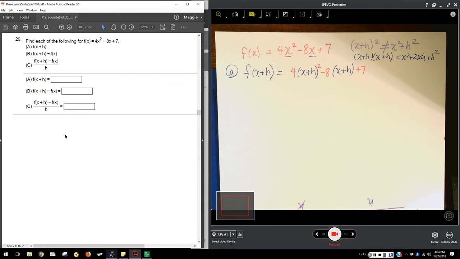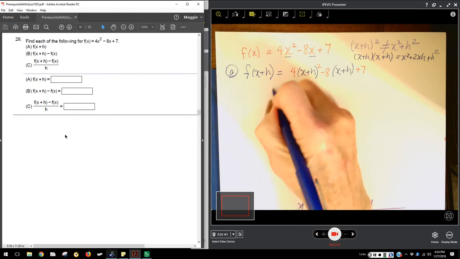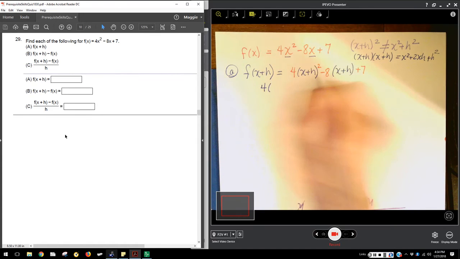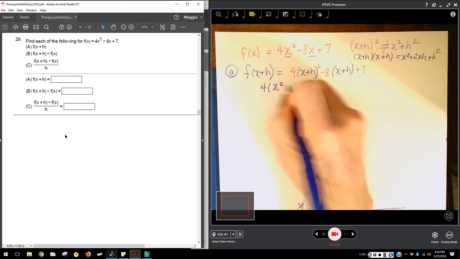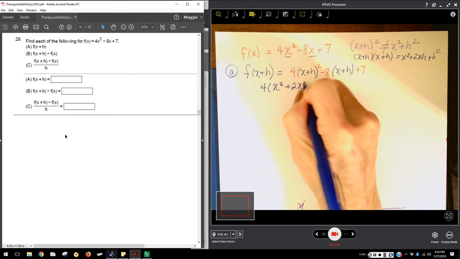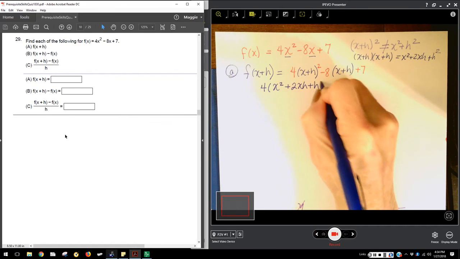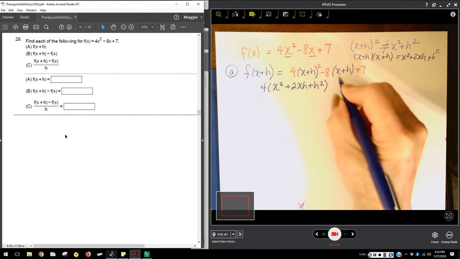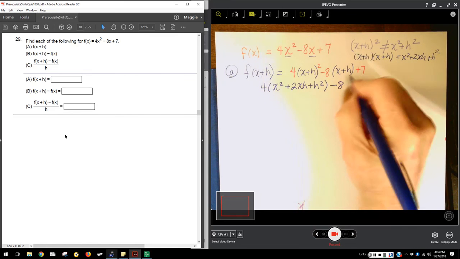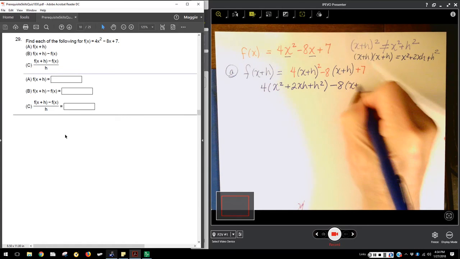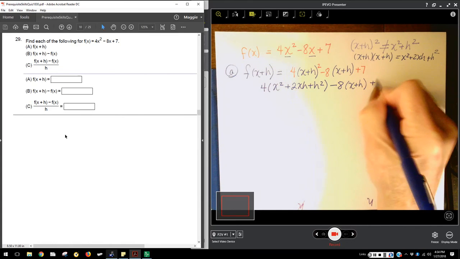Okay? So this part is going to be 4 times x squared plus 2xh plus h squared minus 8 times x plus h plus 7.